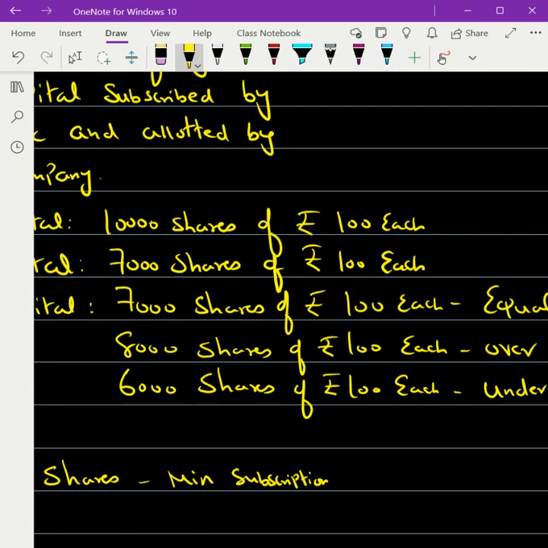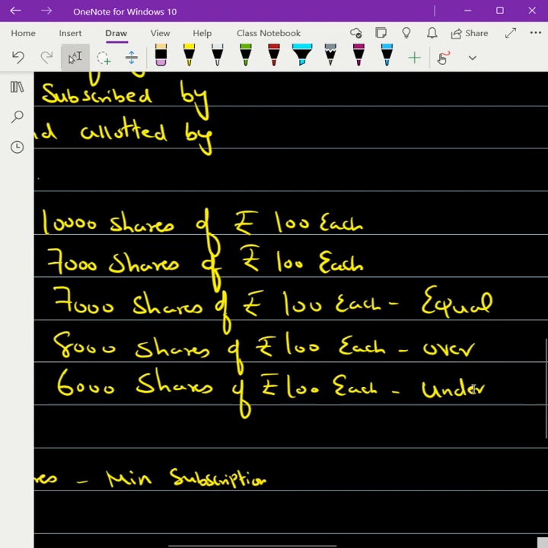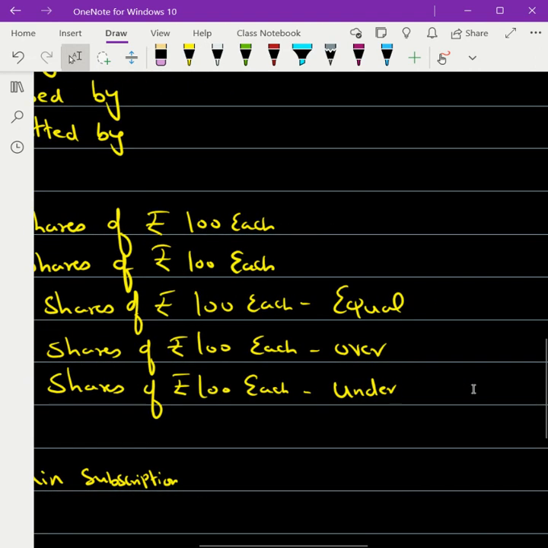In the third case, how much is given as subscription? 6,000 is given as a subscription. It is an under subscription, but will you carry forward? Will you be able to do further calculations on this? No. In this case you will refund. You will refund the money back.